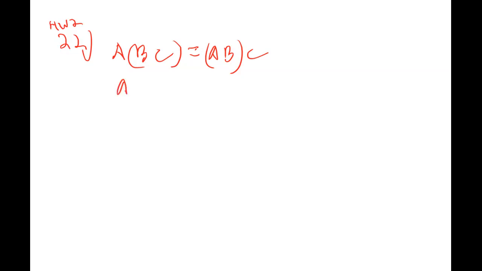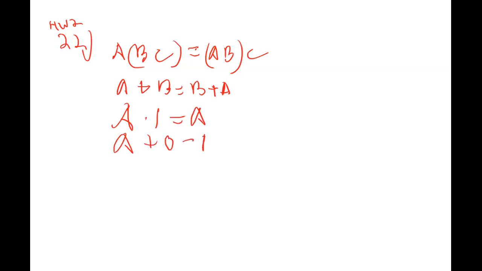Commutativity says A or B equals B or A. So that doesn't sound right. It can't be the commutative law. Identity says A times 1 is equal to A, A or 0 is equal to A. So that's identity. So it's not that one.